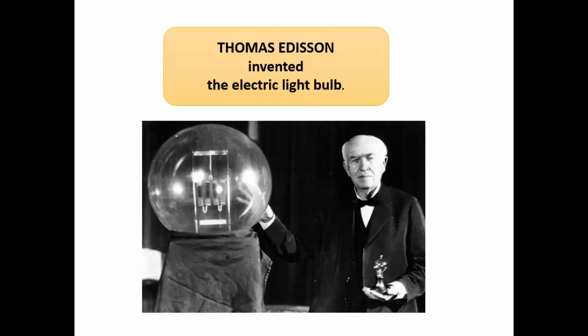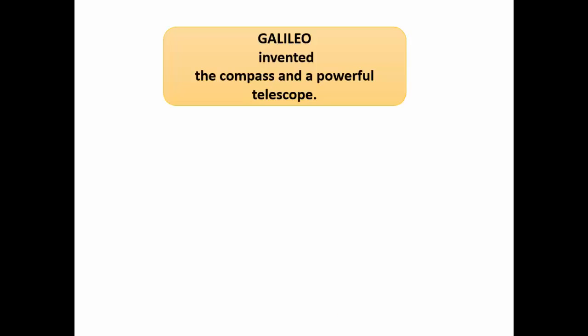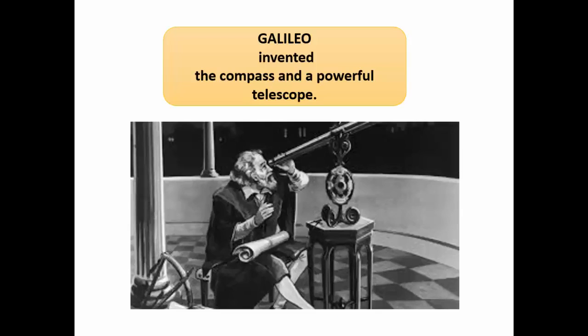Let's look at this picture, please. It is Thomas Edison. Thomas Edison invented the electric light bulb. This is Isaac Newton. Isaac Newton discovered the law of gravity. Yes, this is Galileo.